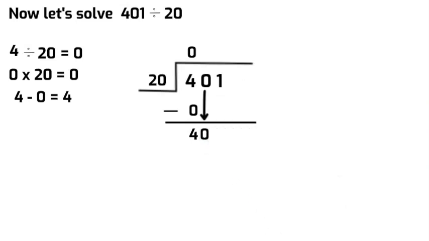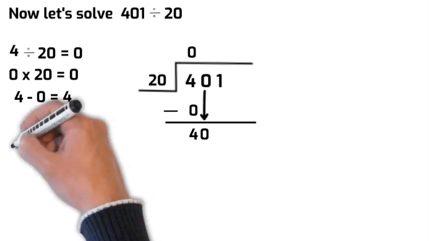We have 40. We are now going to work with 40. 40 is our new number. We are going to repeat what we did to our first digit of our dividend.